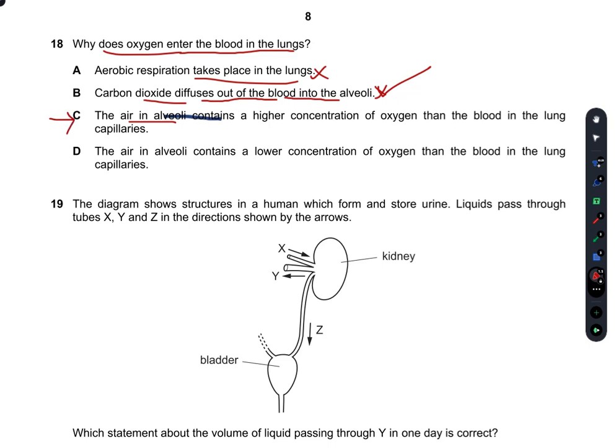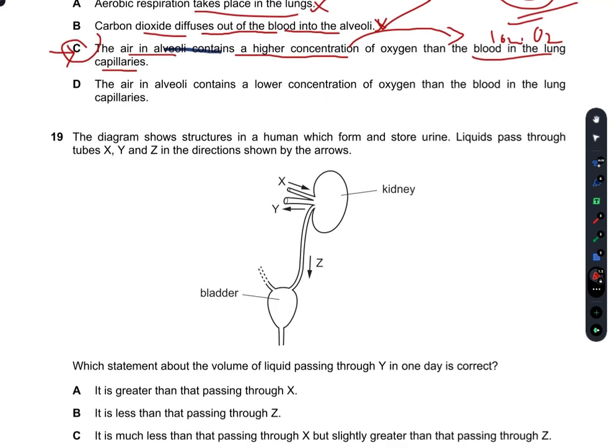Note this again: the blood in the lung capillaries is now deoxygenated, so it has a lower oxygen concentration, and the air in the alveoli contains a higher amount of oxygen. So oxygen will pass from the air in the alveoli to the blood in the lung capillaries. So C is the right option.